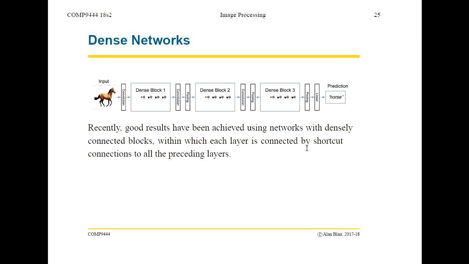The human visual system is mostly feed forward, but does have a few backward connections. So it would be interesting, especially for video processing, to have a few backward connections. But people haven't really explored that much at this stage. So these networks are still purely feed forward. They don't have any recurrence to them.